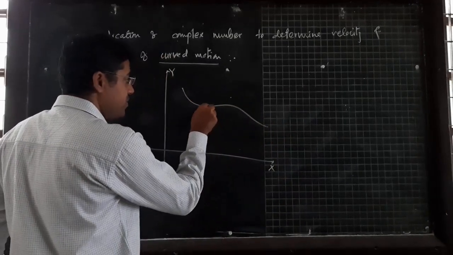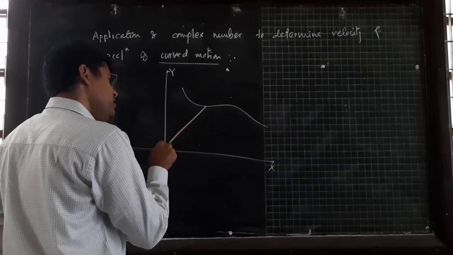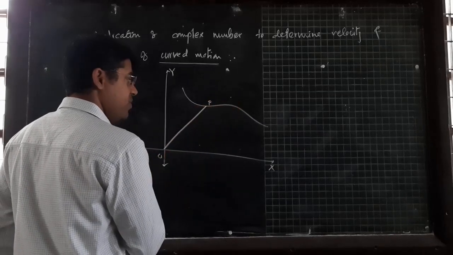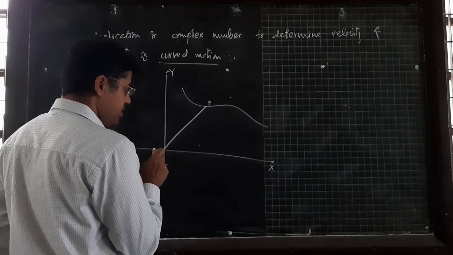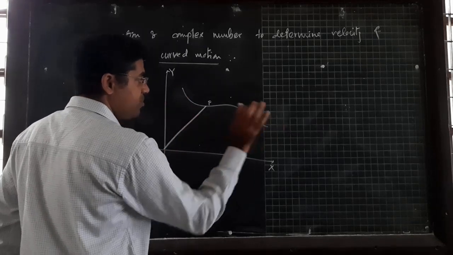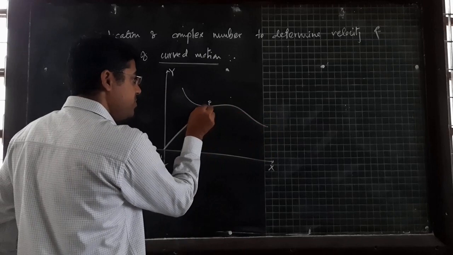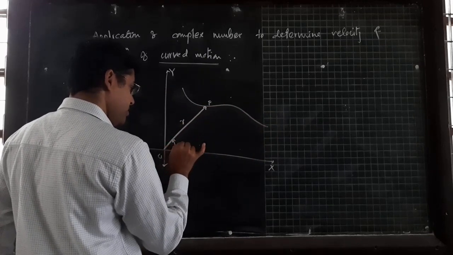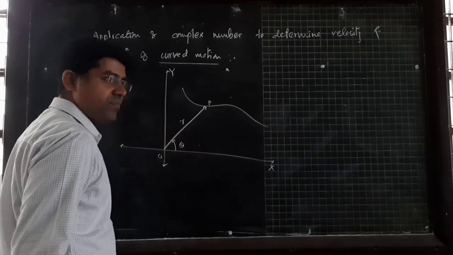At one particular instant of time, suppose here is your point P. Assume that the origin is your satellite and this is your object. This is my r and this angle is nothing but your theta.